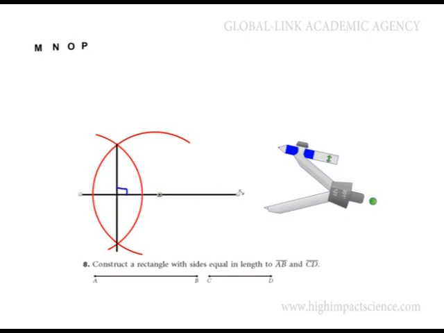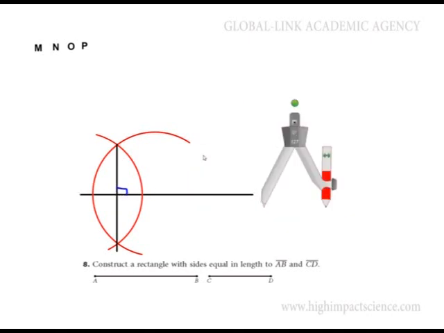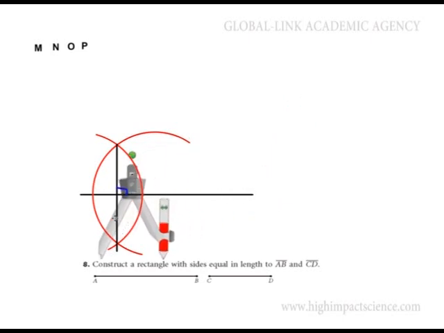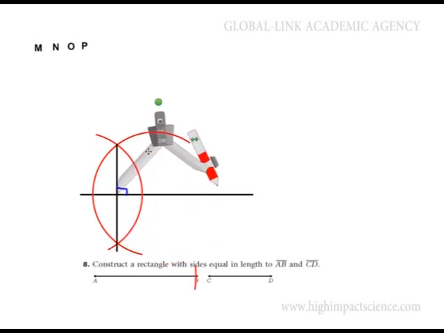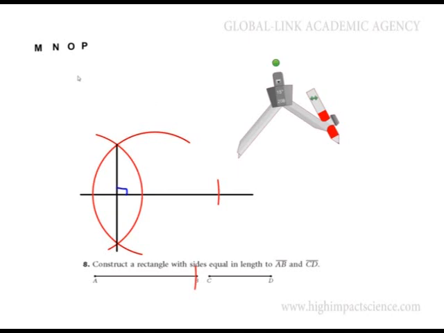So I extend the line, then I'll measure AB. Take that length on my line. So this is M and this is N. Let me extend this just in case.